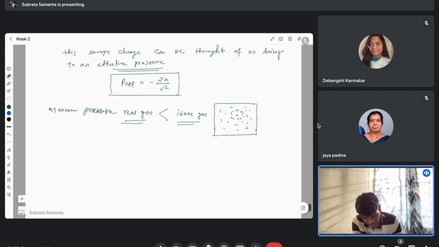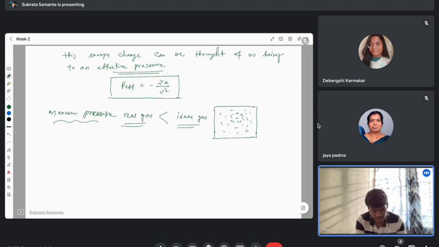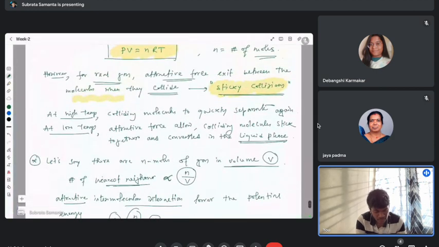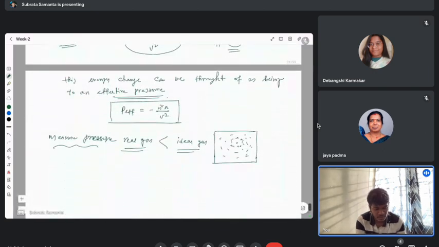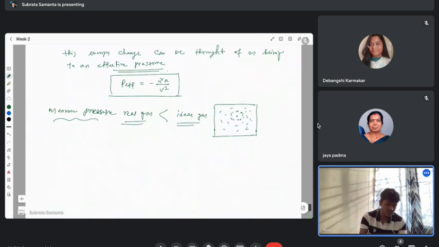But this is at moderate temperature. When we go to high temperature for a real gas, as I previously said, at high temperatures the colliding molecules separate again too quickly and hit the walls, so it is close to the ideal gas situation.